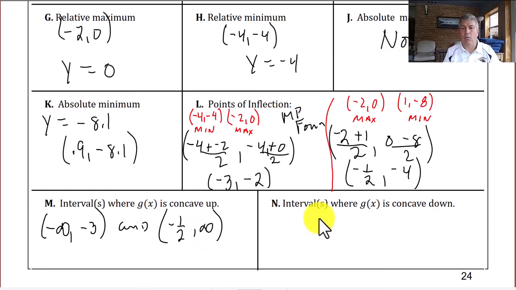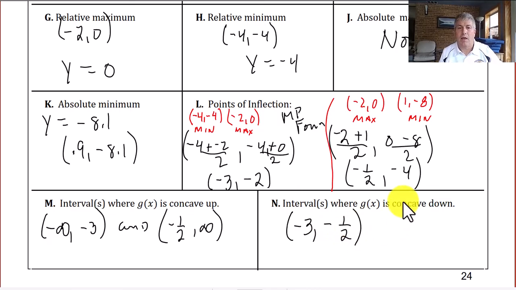And then the interval where it's concave down is going to be between those two points of inflection. So the x values here from -3 to -1/2. And there's a sample problem that ties all this together, and we'll get some more practice with this when I see you in class.